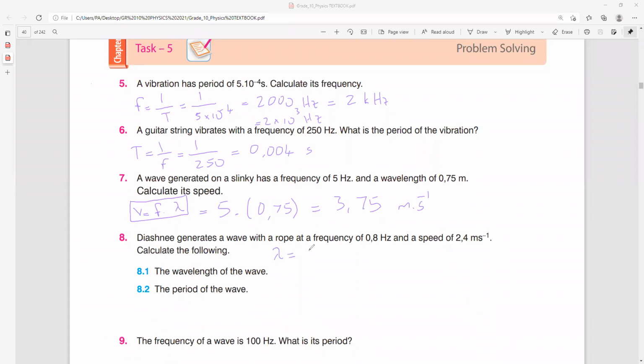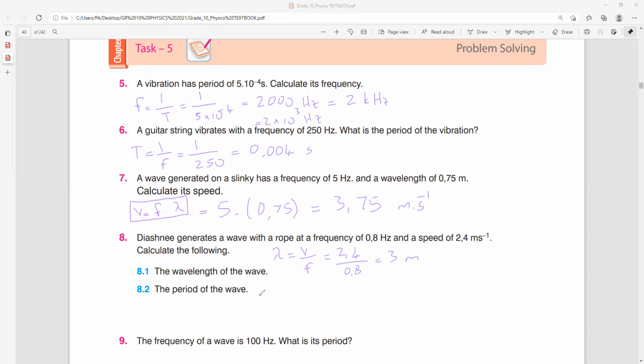Let's continue with wavelength. Wavelength equals speed over frequency. It's coming from this formula, people. You have this formula during the test, but you can just use it like this, or you can write numbers here, givens there, and then carry on. So we have 2.4 over 0.8. The answer is 3 meters.